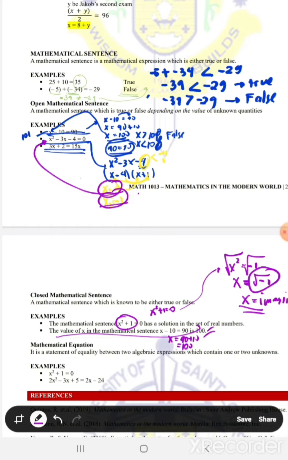Yung mathematical equation natin is already your mathematical sentence that is manipulated into a simpler equation on both sides of your equal sign, wherein you will solve for the equality of each of the mathematical expressions depending on the value of your x and y.